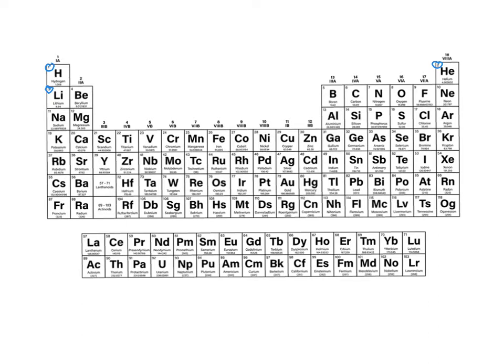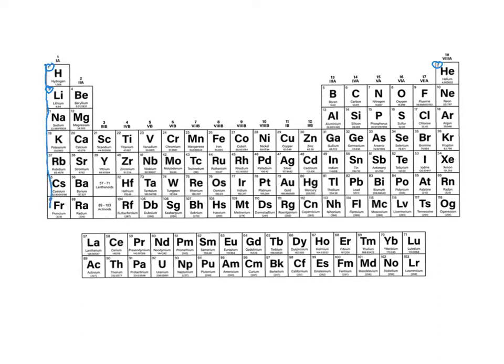Now, one way that it's organized that's particularly helpful has to do with the properties of the atoms of each one of these elements. And we can essentially break up this entire periodic table into 3 units.